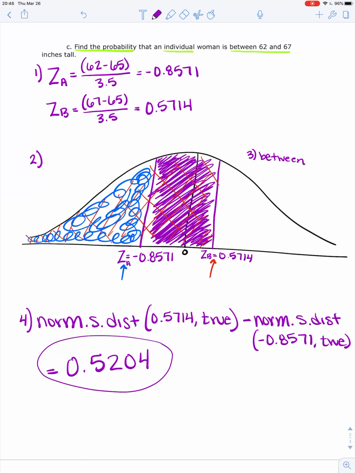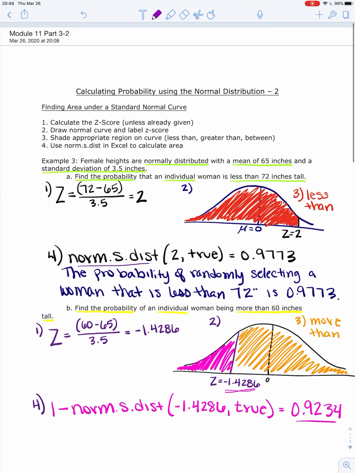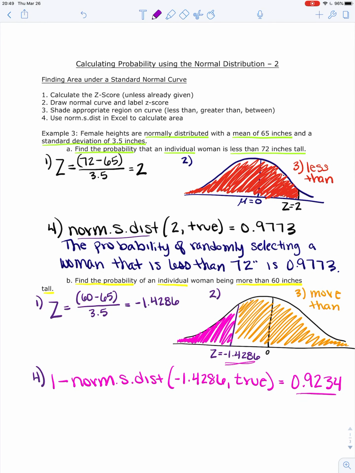Check and make sure you don't have your answer in scientific notation in Excel. Also check and make sure that you didn't accidentally hit plus when you did that, or something else that may have changed your answer. So this is how you calculate probability with something that is normally distributed.